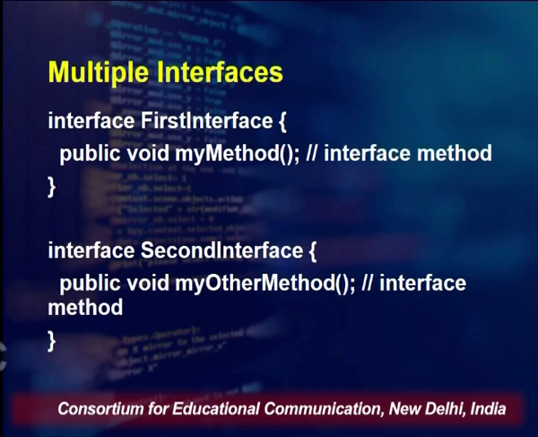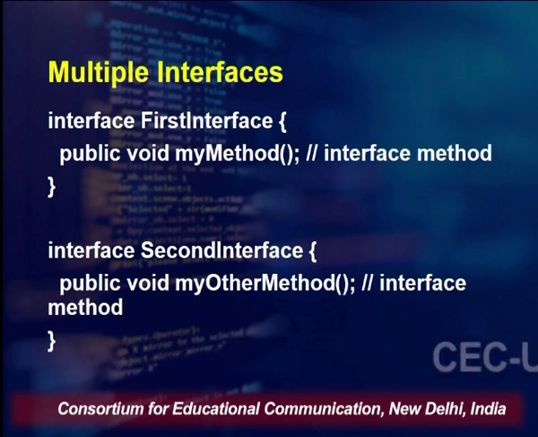So, here we have a program showing the working of multiple interfaces. For this we have made one interface which is named first interface, and then there is a method which is named my method, and that method is public obviously and returning nothing. So, void, it is an interface method and hence it does not have any body.